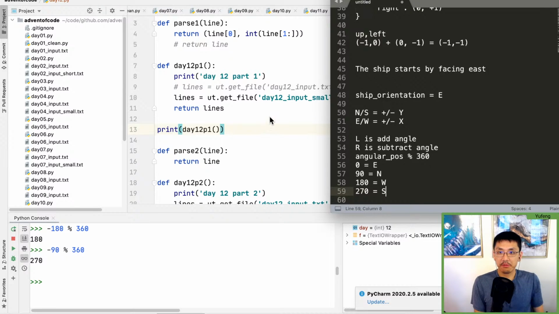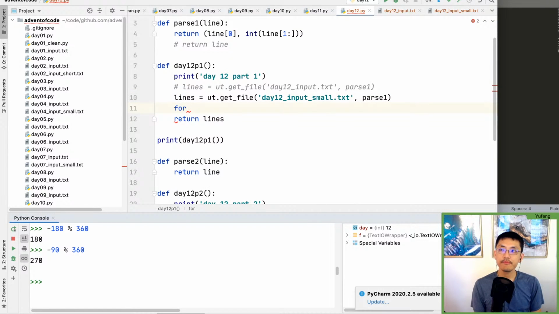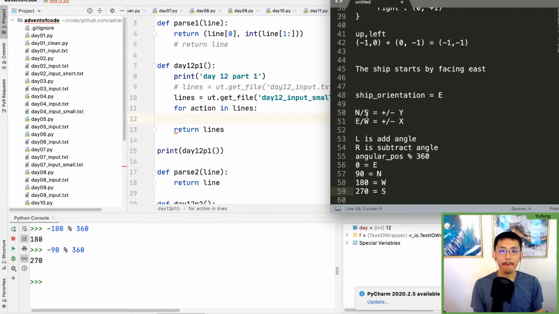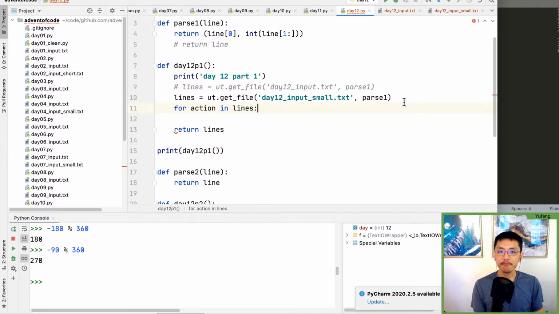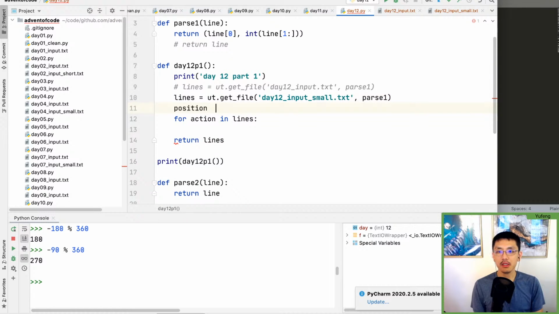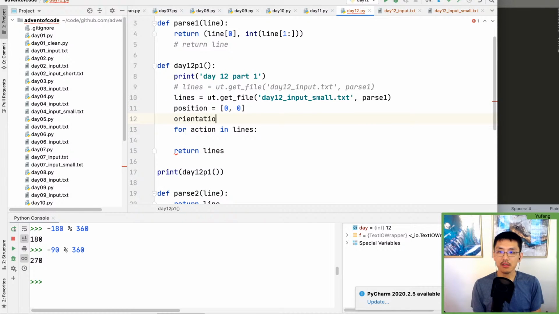Cool. Let's parse it up. For action in lines, we're going to track position and orientation. Position equals 0, 0. Orientation equals 0 degrees.